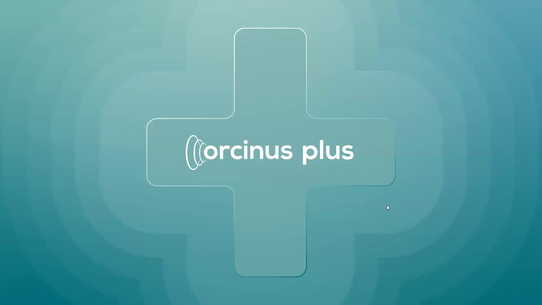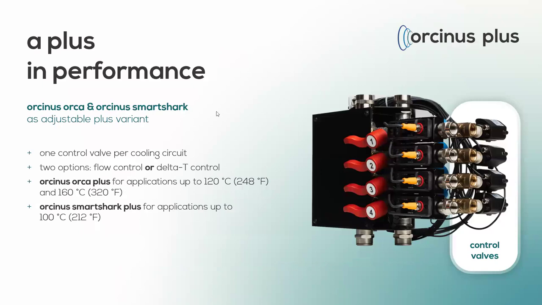Then we have a plus version, which is not only measuring, but also you can adjust your flow. So you can say, I want a fixed flow of, for example, 7 liters per minute in circuit 2, and then the valve is opening and closing so that you have a straight flow of 7 liters.